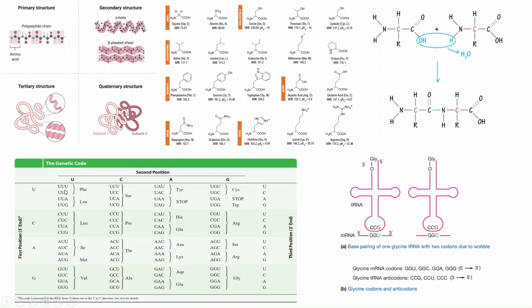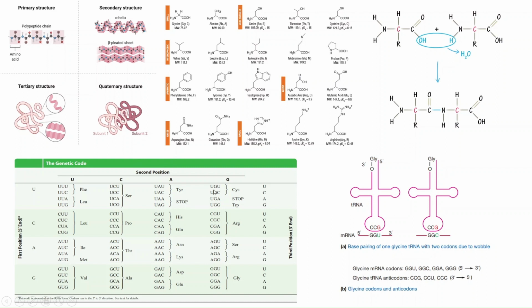For example, phenylalanine can be coded by UUU or UUC, which means that when your mRNA has either of these codes in that place, the corresponding amino acid that is going to fill that position in the protein is going to be phenylalanine.